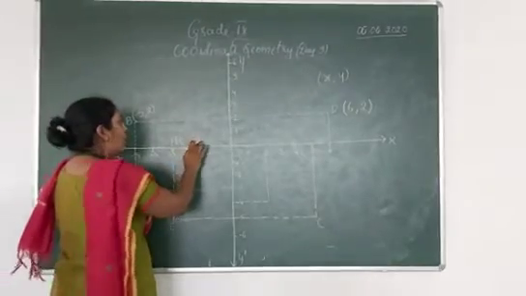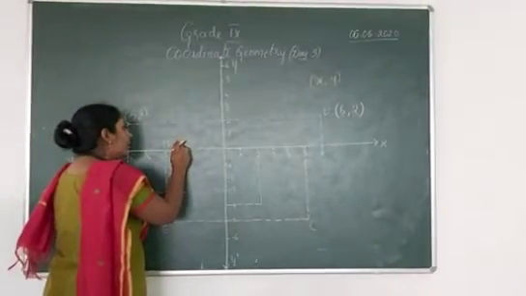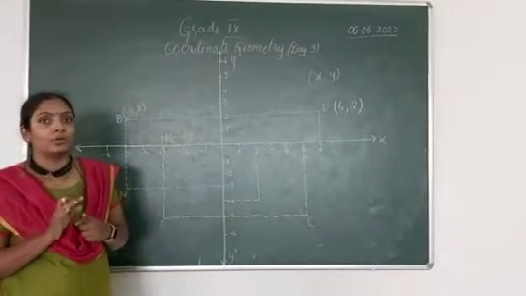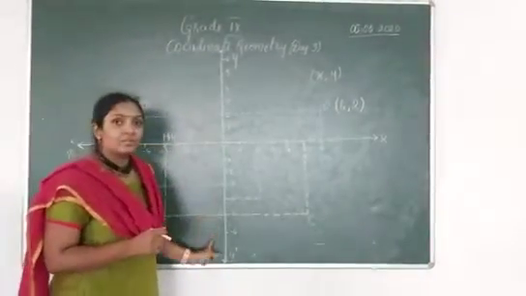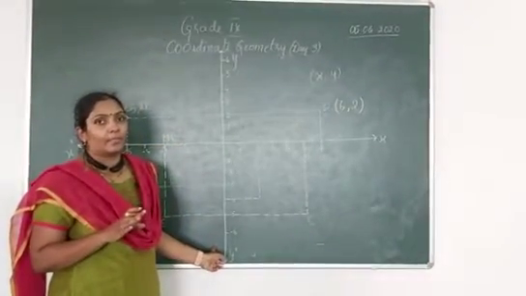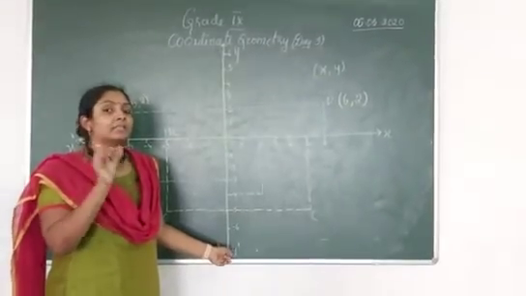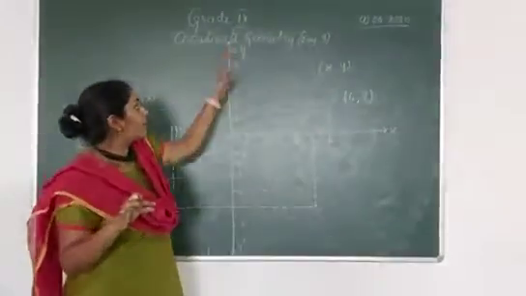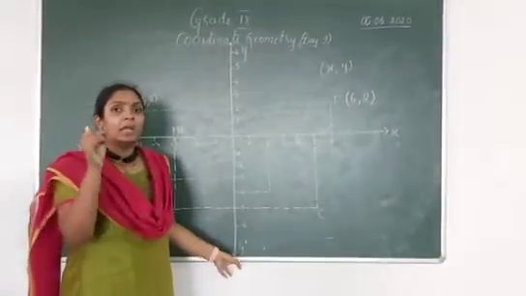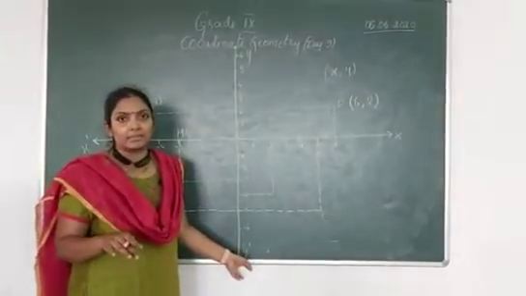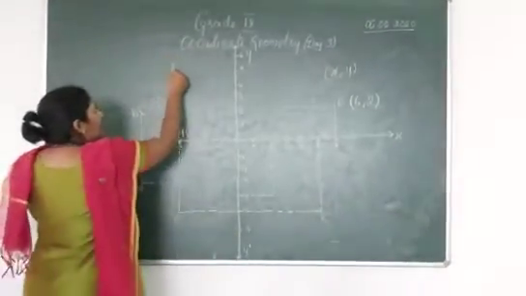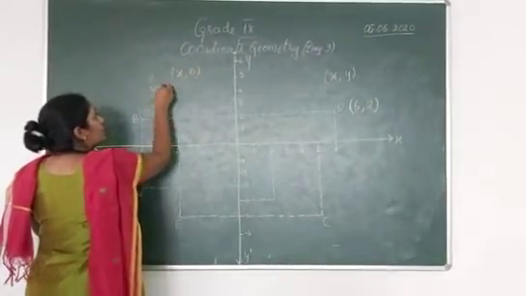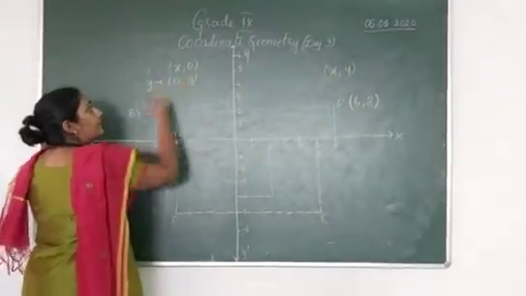So any point on the x-axis will have the ordinate as 0, and any point on the y-axis will have the abscissa as 0, because any point on the y-axis is at 0 distance from the y-axis. So all points on the x-axis will be like x comma 0, and points on the y-axis will be like 0 comma y.